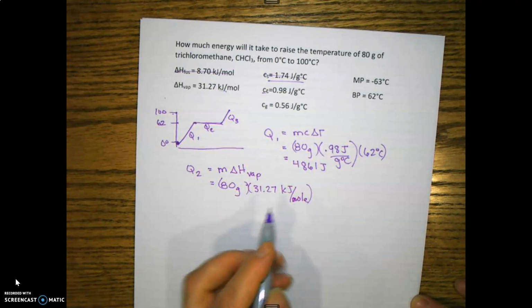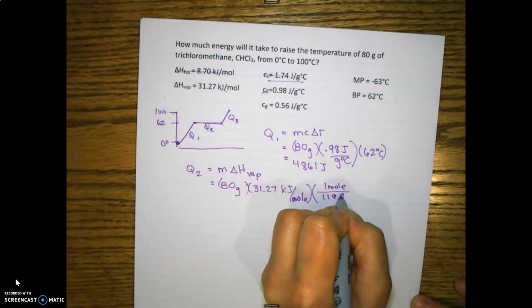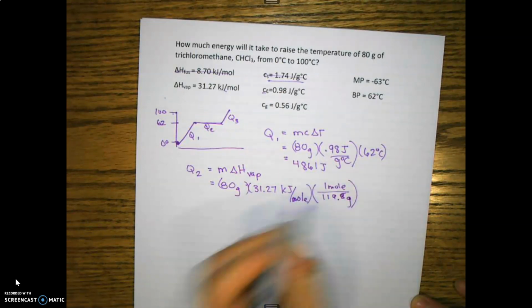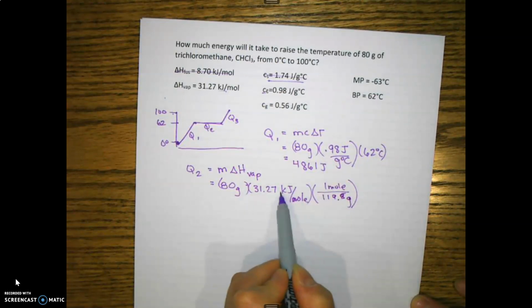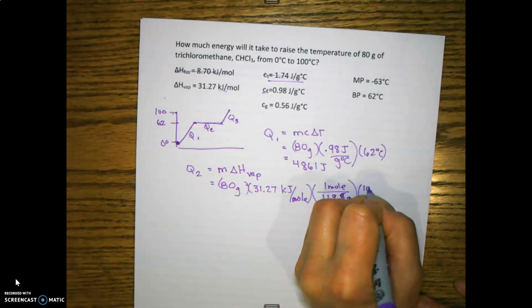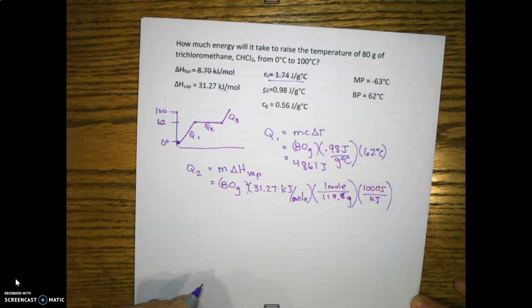I have to make sure that I use molar mass. So if I look up molar mass, I know that 1 mole weighs 119.5 grams. And if I get an answer, it's going to be in kilojoules. This is in joules. So I'm going to do one more quick conversion and change it into joules.